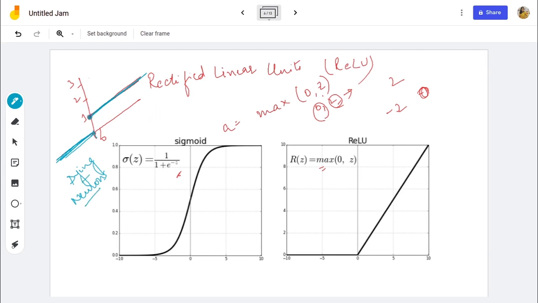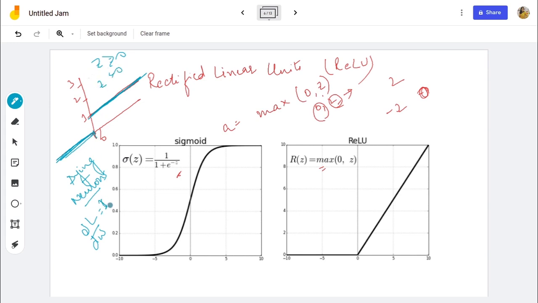For all values that are greater than 0, anytime you have the summation value z greater than 0, you always get a value of 1. So while differentiating, you will have the value 1. But suppose you have z less than 0.